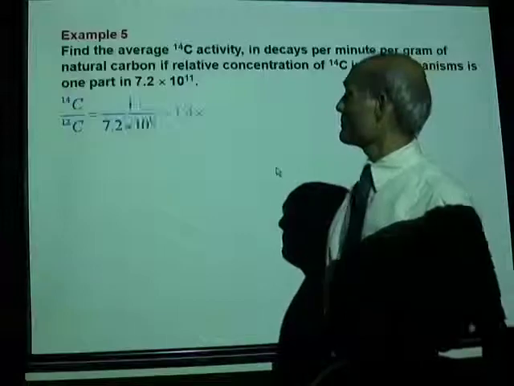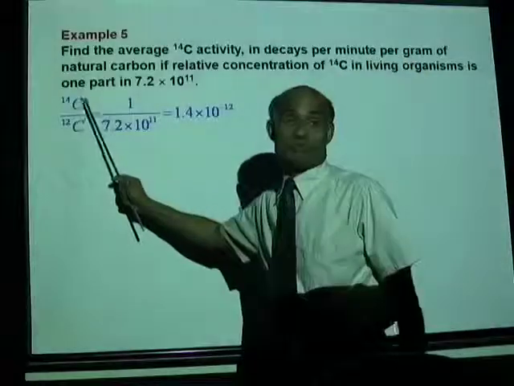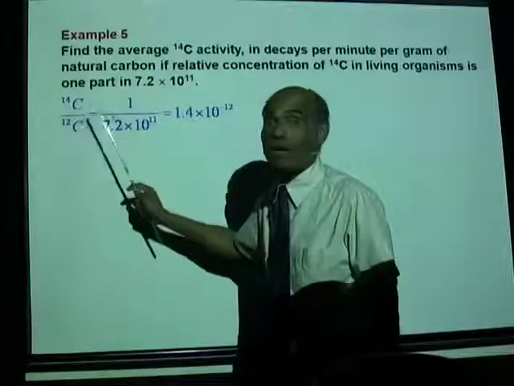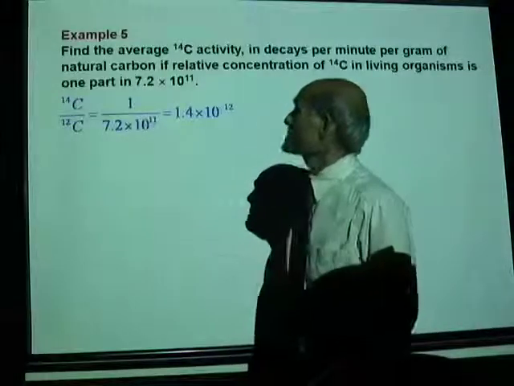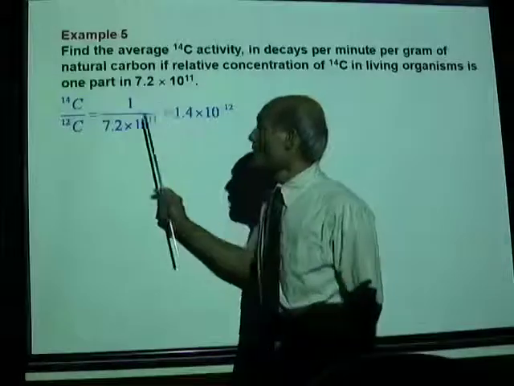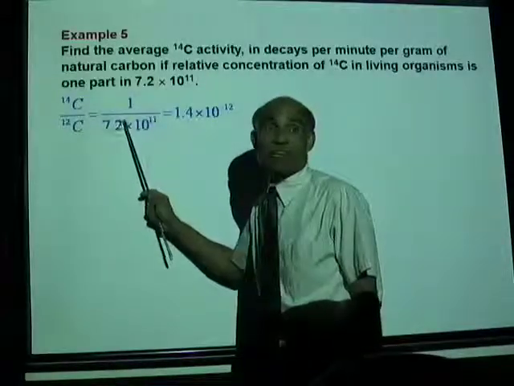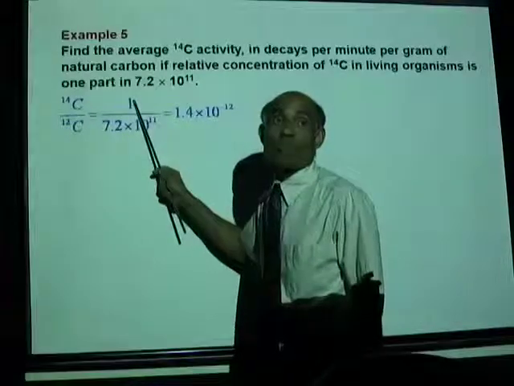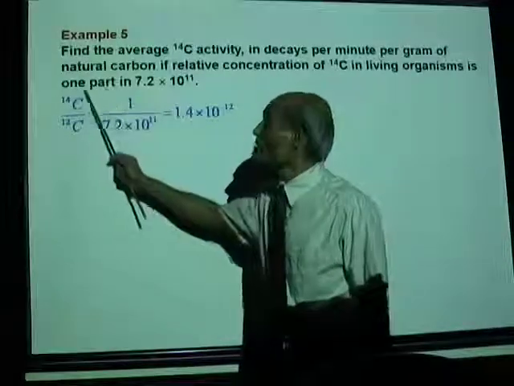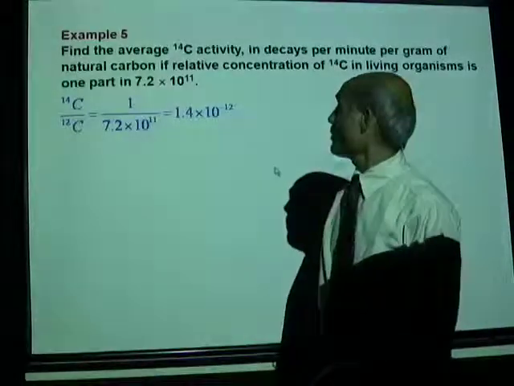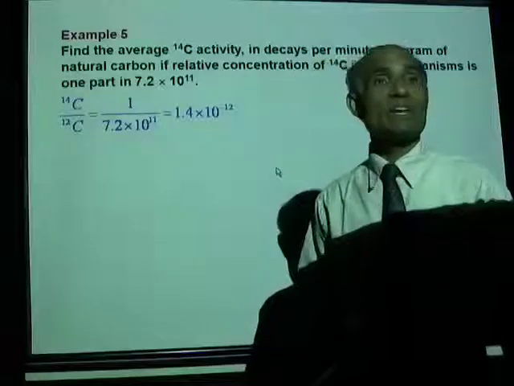So carbon-14 divided by carbon-12 is 1 over 7.2 times 10 to the power of 11. So the ratio of carbon-14 to carbon-12 is 1.4 times 10 to the negative 12.